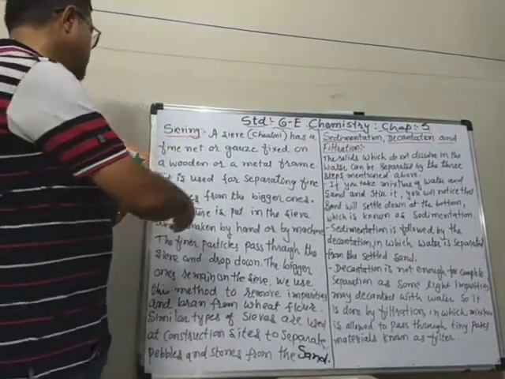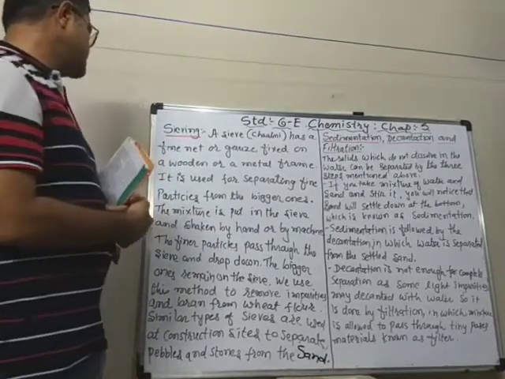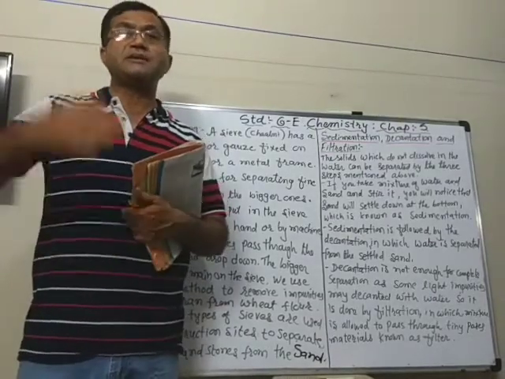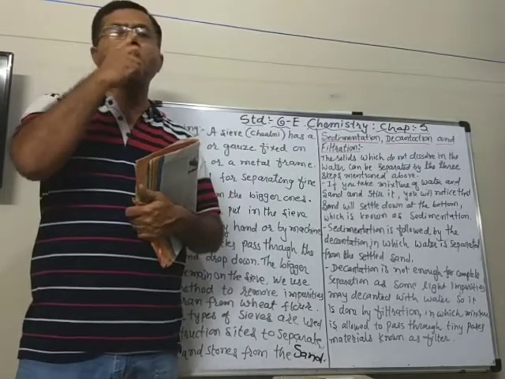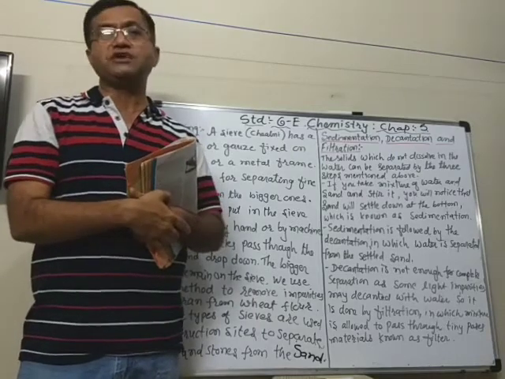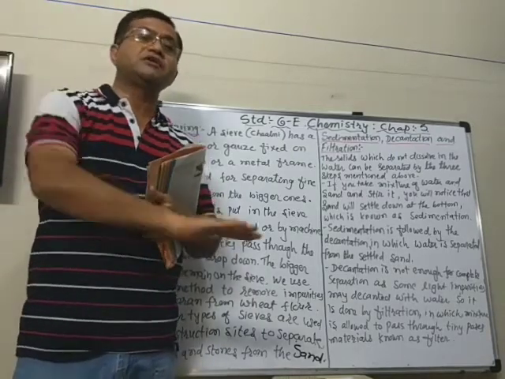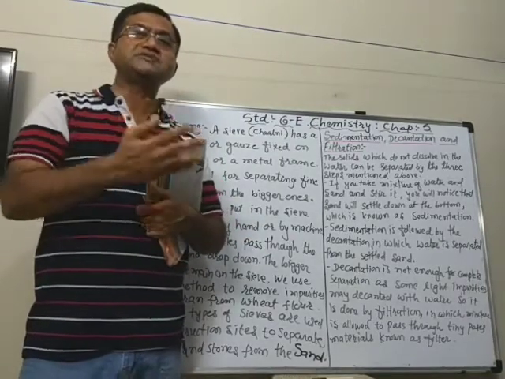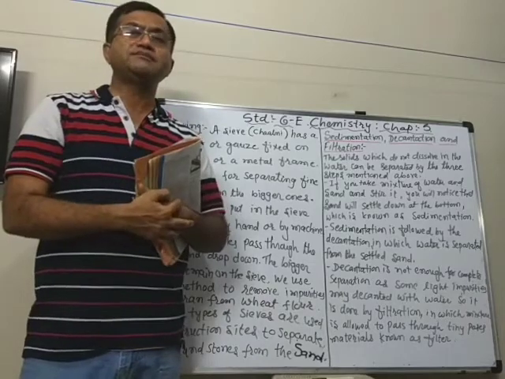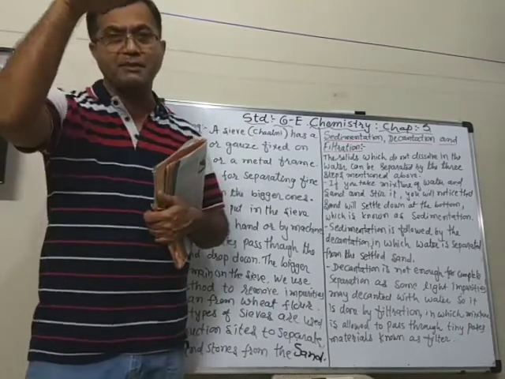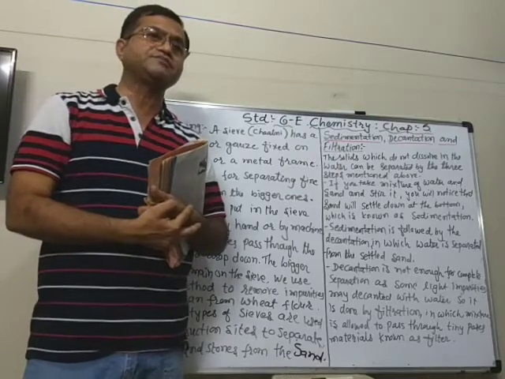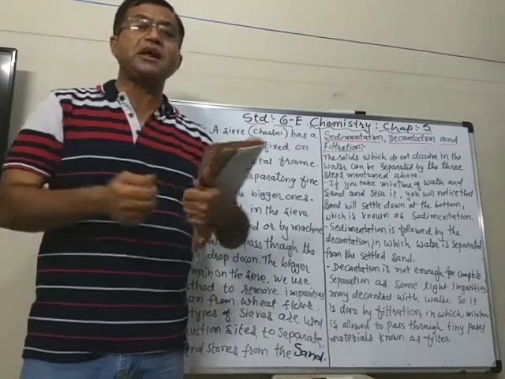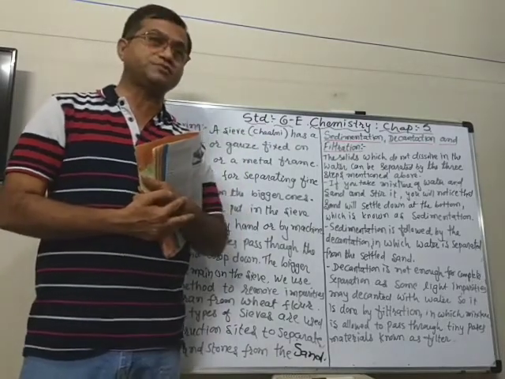The mixture is put in the sieve and shaken by hand or by machine. Sometimes at a big scale, like when we go for grinding the wheat, they allow it to pass through a slanted material in which there is a sieve. Then if there are still impurities, they can be separated by the sieve. So sometimes it is shaken by machine or with the hand also.